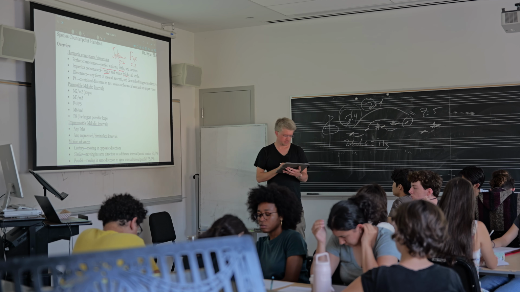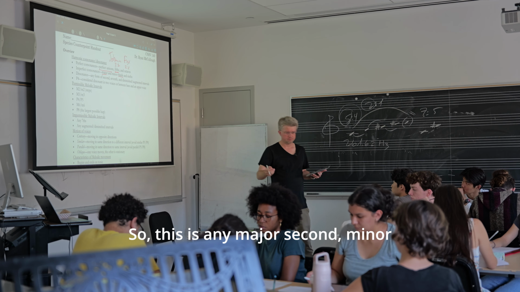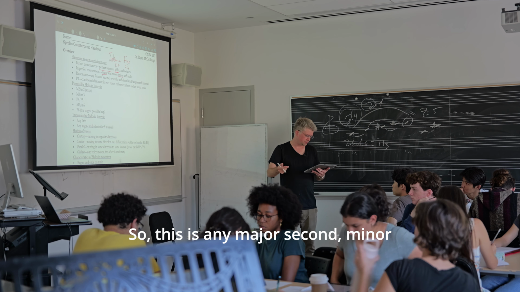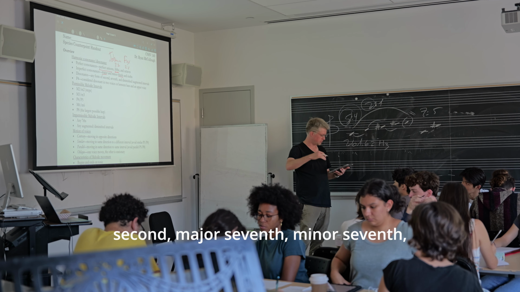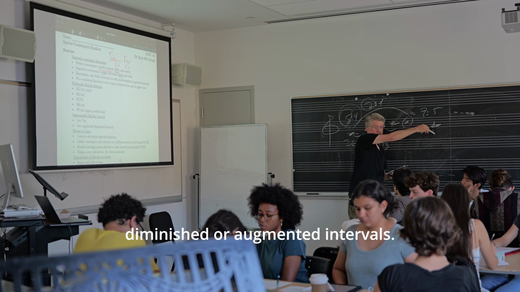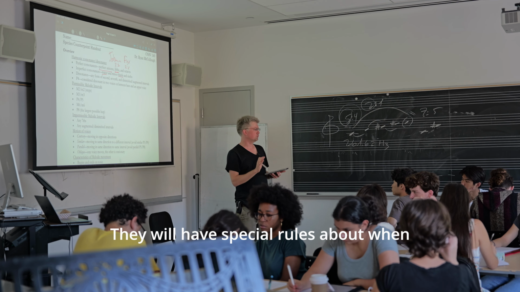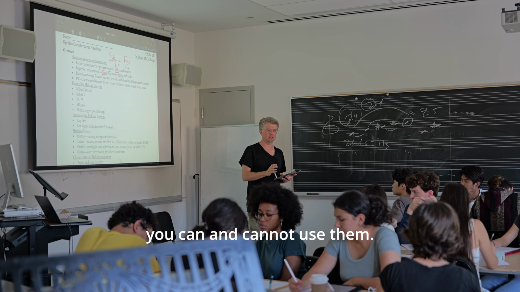Come back to that. So dissonances. This is any major second, minor second, major seventh, minor seventh, diminished or augmented intervals. These are all dissonances. They will have special rules about when you can and cannot use them.